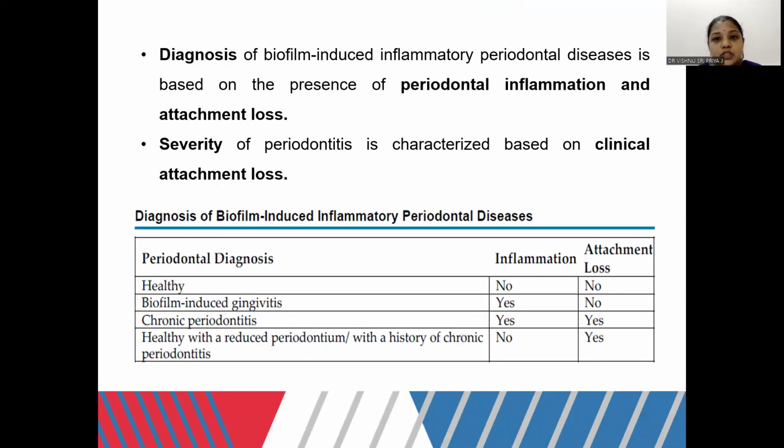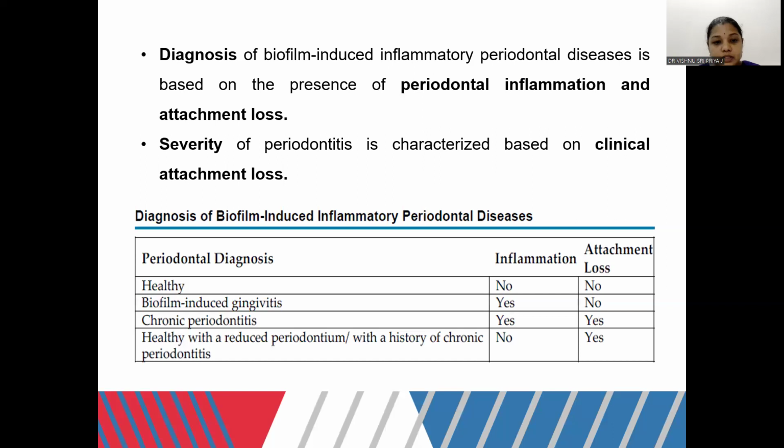Diagnosis of biofilm-induced inflammatory periodontal disease is based on the presence of periodontal inflammation and attachment loss. Severity of periodontitis is characterized based on the clinical attachment loss. So this following table will help you with the basic diagnosis. In case of healthy gingiva or periodontium, there will not be any inflammation or attachment loss.